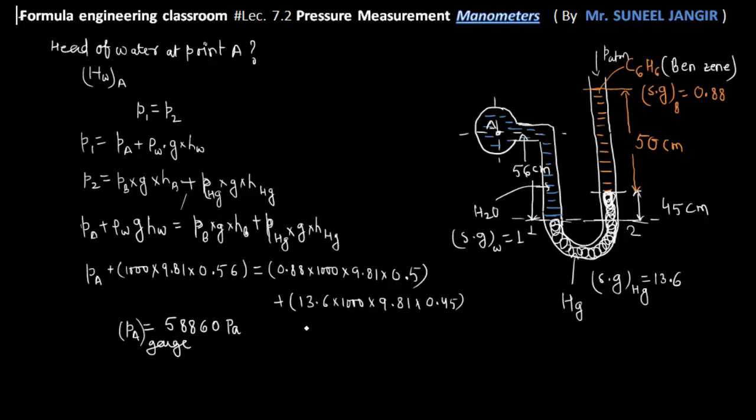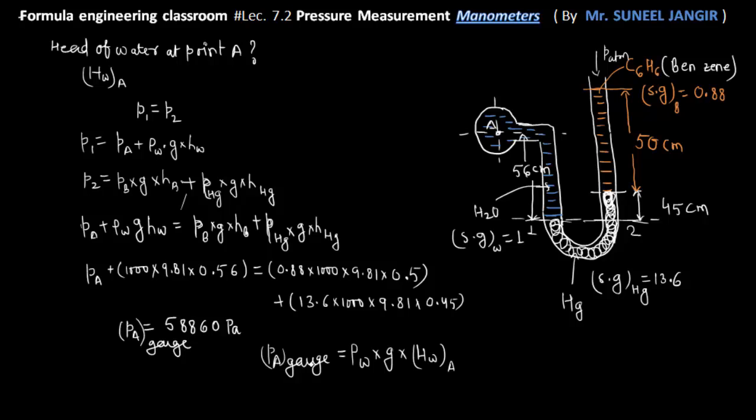So we can write this pressure, PA gauge, is equal to rho of water into g into the head of water at the point A.